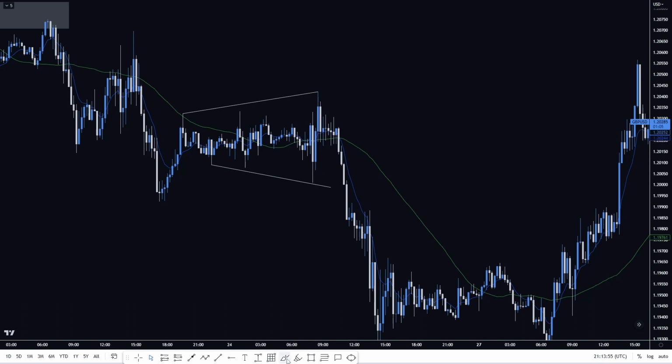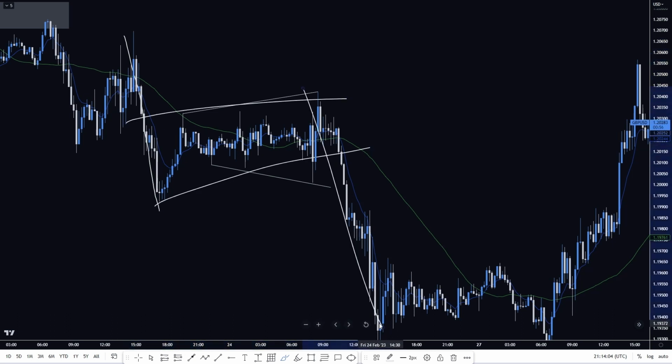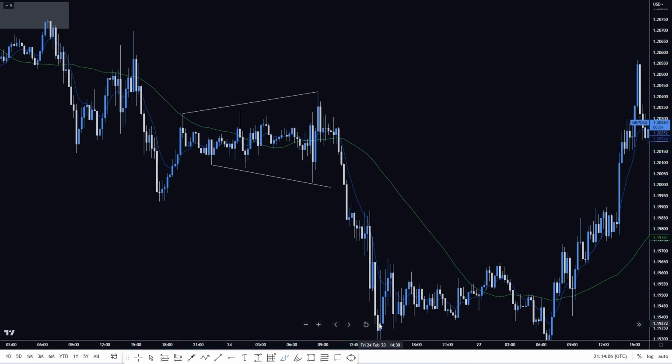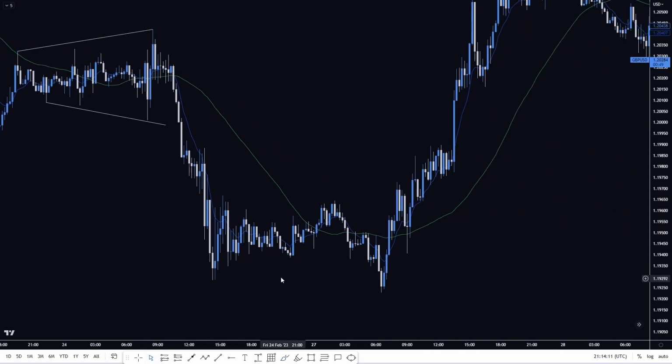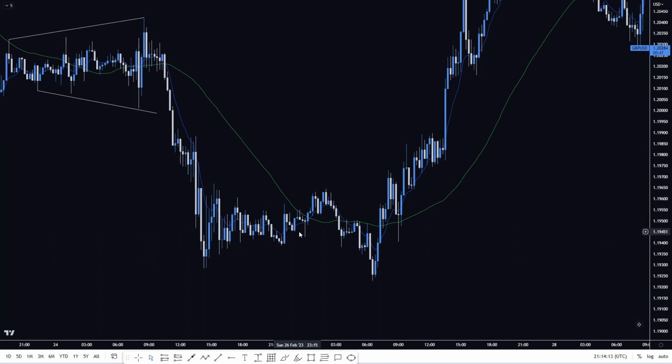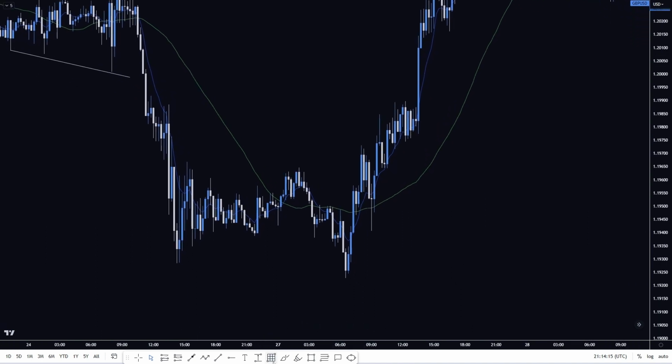So it makes sense that price is consolidating here, and there's no way that I would want to look to take this long, because I can clearly identify what phase of the market we're in, and it's showing us that we're still probably going to be moving bearish. So after that, price again impulses to the downside, and this blue line holds all the way. Again in here the blue line crosses over only briefly, but again our green is heavily down.